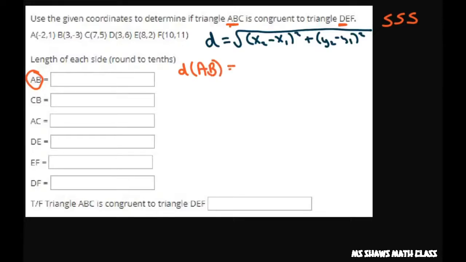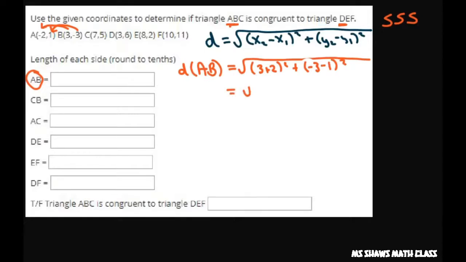And we use our distance formula, and we're going to do AB, so I'm going to go that way, and then go that way. So we're going in that direction. You don't have to, you can go the other direction. So we have 3 minus a negative 2, so that's plus 2, and negative 3 minus 1, squared.